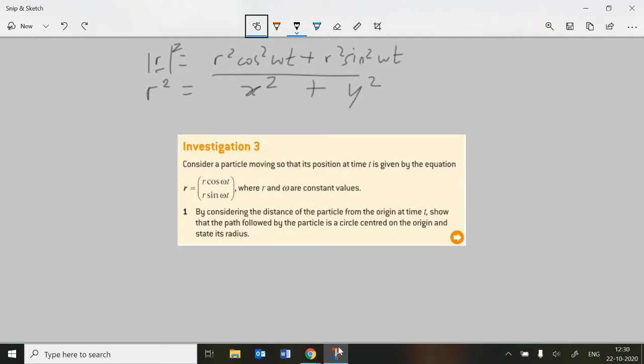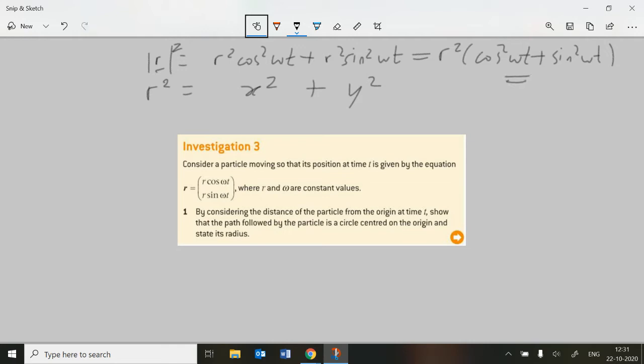You can verify as well that r squared is popping out here as the size of this thing, because you can say as the distance essentially at any particular point, or the square of the distance, we can factorize out r squared here, and we've got cos squared omega t plus sine squared omega t. And remember, of course, that cos squared plus sine squared with some variable in the center is always going to be equal to 1.